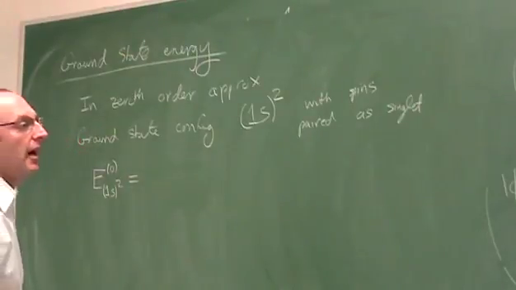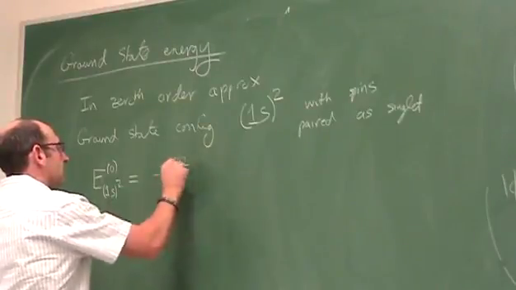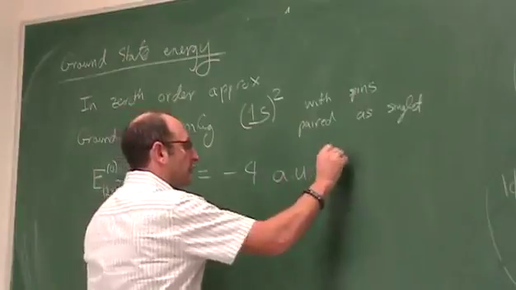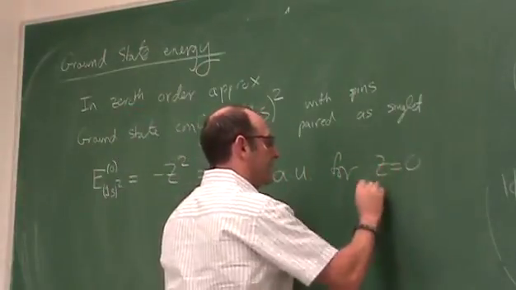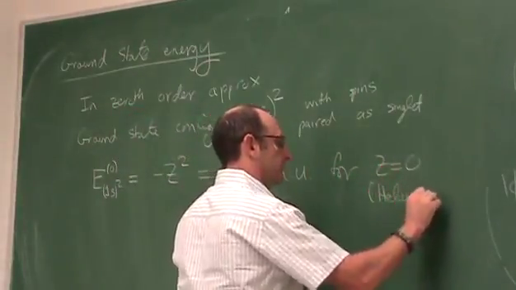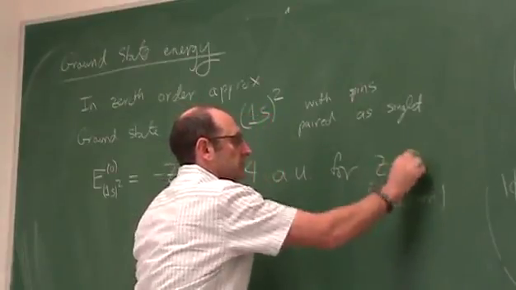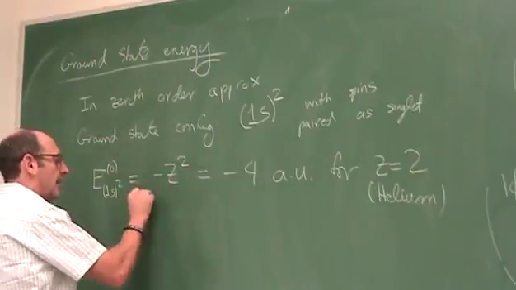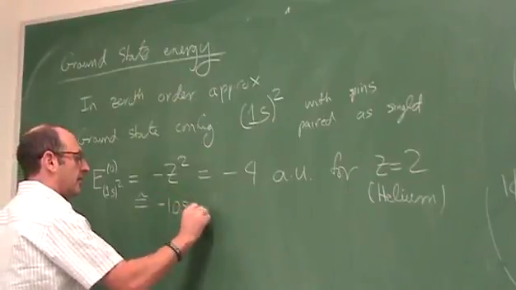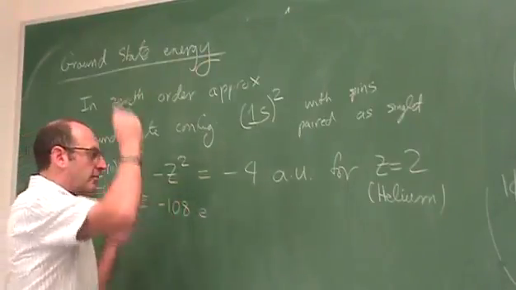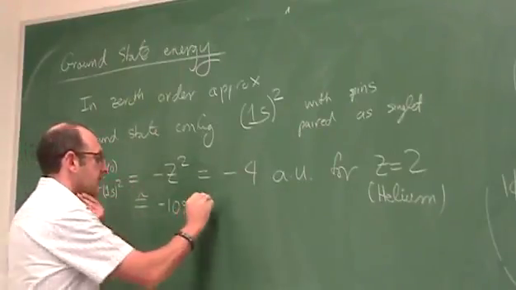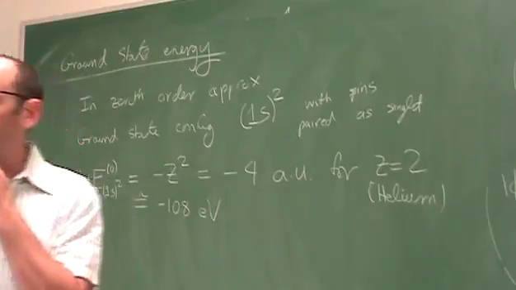It's equal to -Z squared, which is -4 atomic units for Z equals 2, helium. And this is about 108. The binding of the two electrons relative to both electrons being free or unbound is a binding of 108 electron volts.